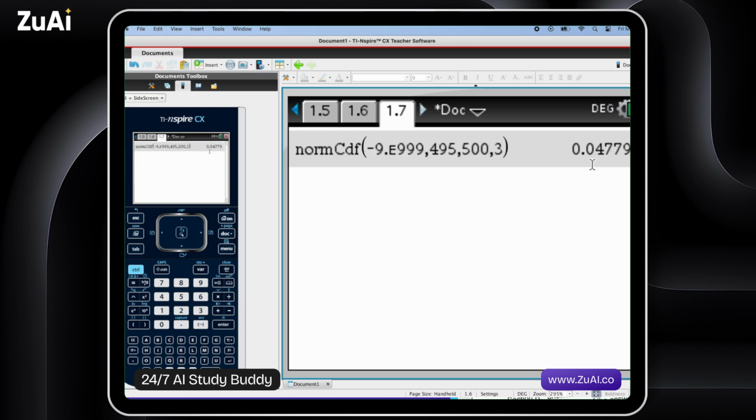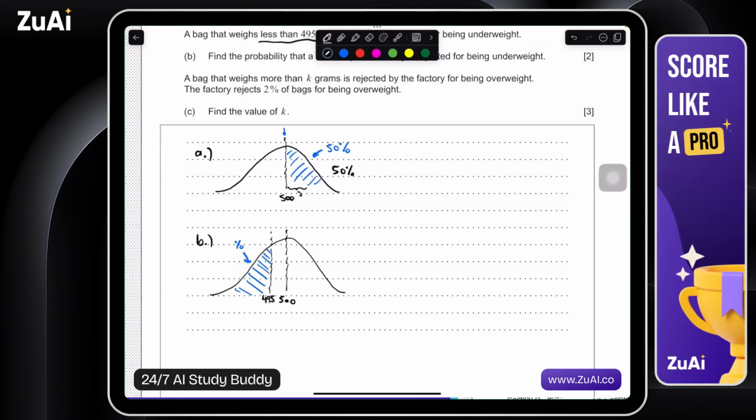Alright, so it looks like roughly 0.04779, or roughly 4.8% of the bags are underweight. So let's go and write that out. For a 2-mark question, this would actually be your process.